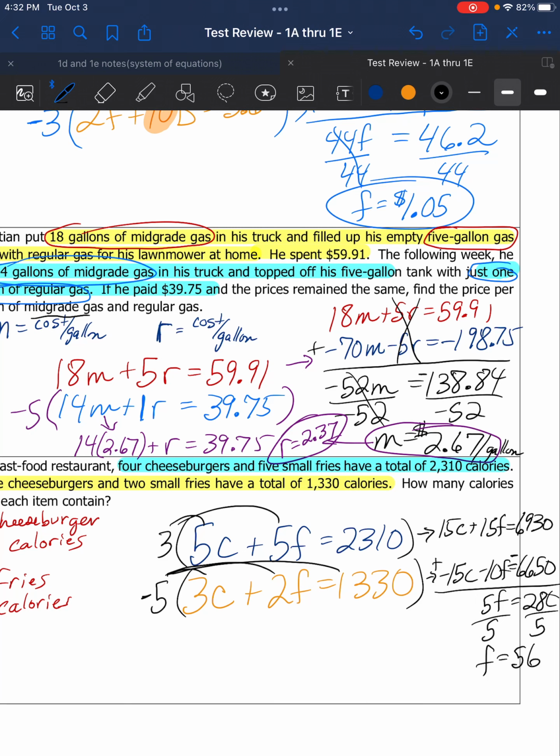Where did I make a mistake? I'm sure you see it. 5 times 1330 is 6650. And of course I make the mistake in the last problem.